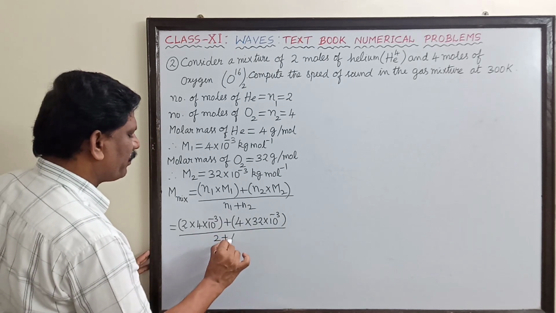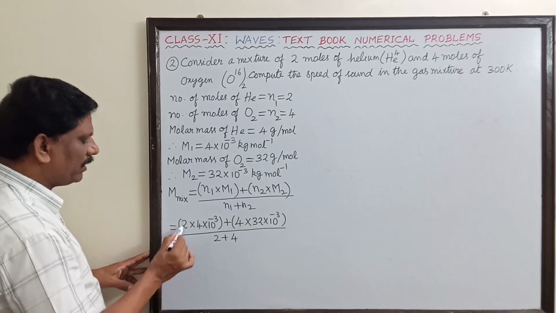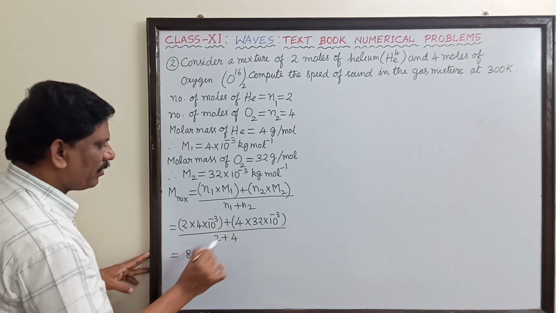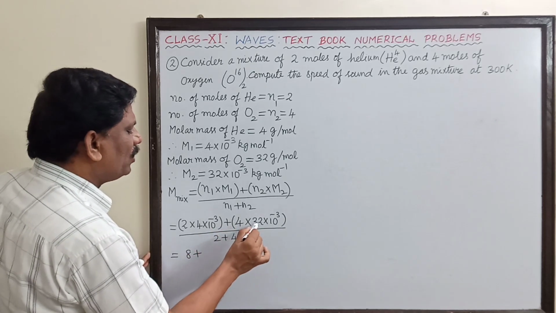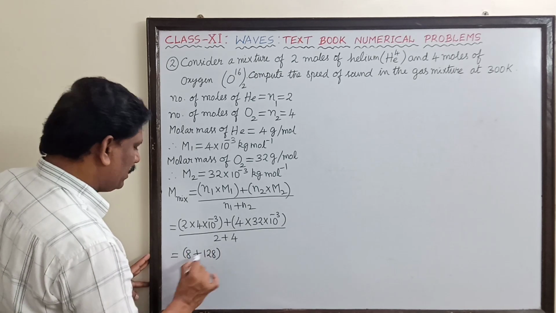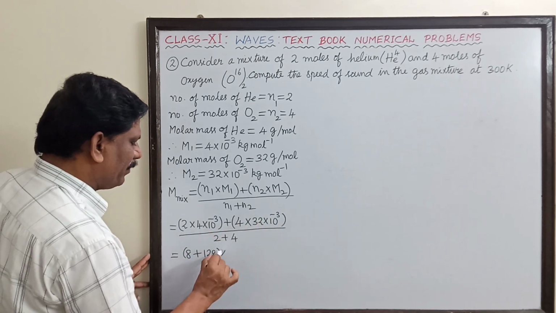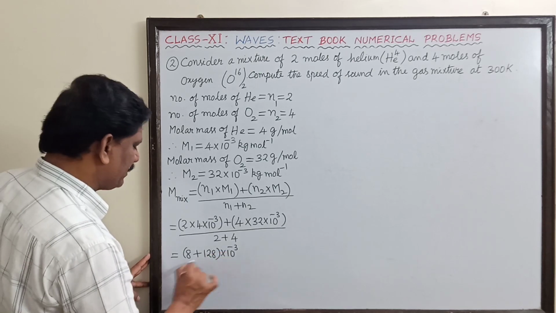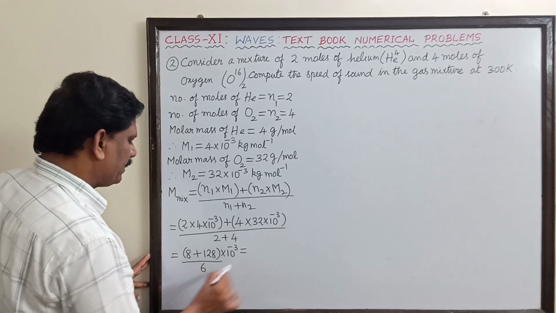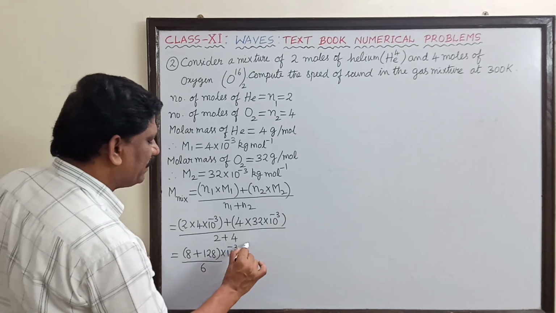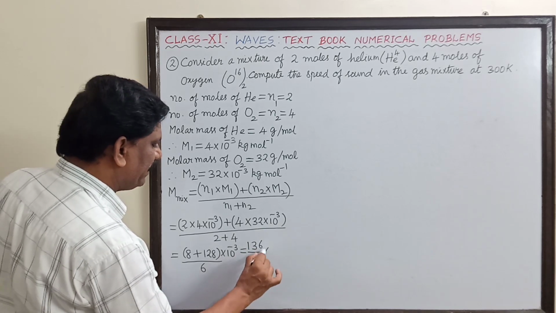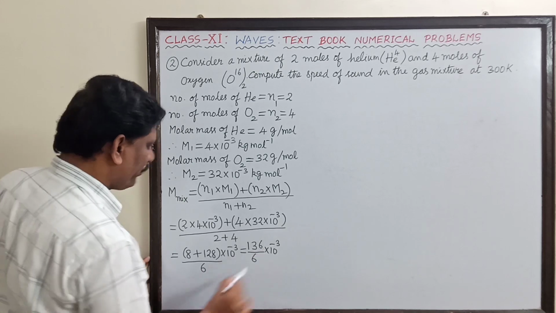That is 2 plus 4. So this is equal to 4 into 2 is 8 plus 4 into 32 is 128. The common factor is 10 power minus 3, divided by 4 plus 2, which is 6. So 128 plus 8 is 136, so 136 divided by 6 into 10 power minus 3.